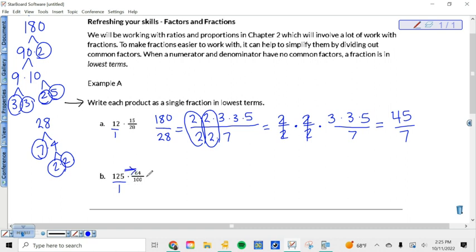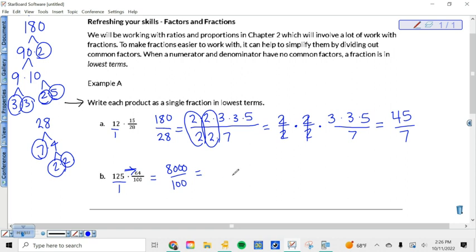What's 125 times 64? And 1 times 100? 100. Good. So if I were going to do the same thing, it would take quite a long time to break 8,000 down into its prime numbers, right?